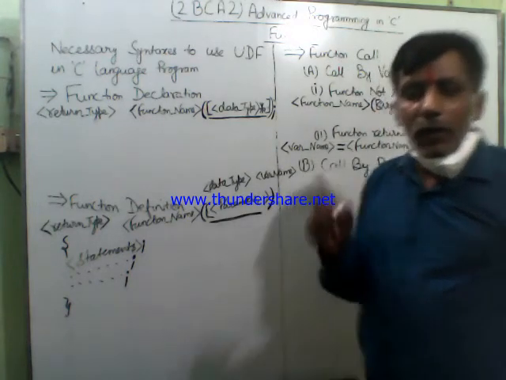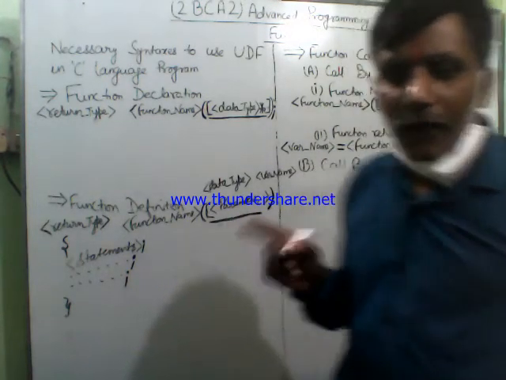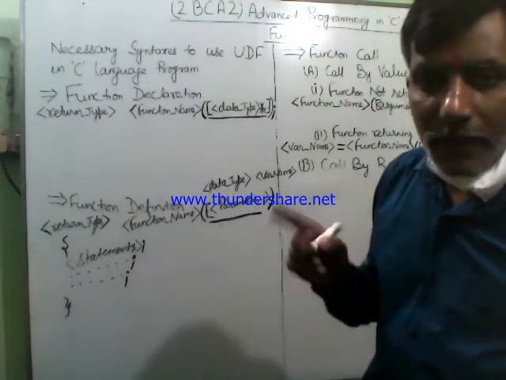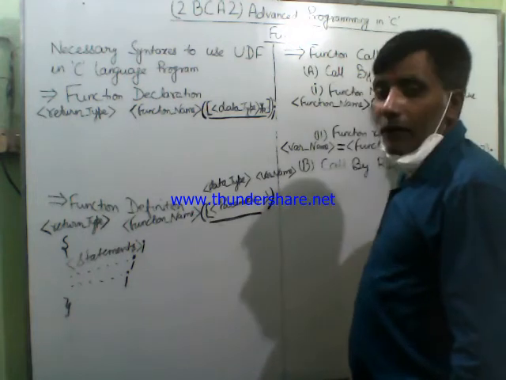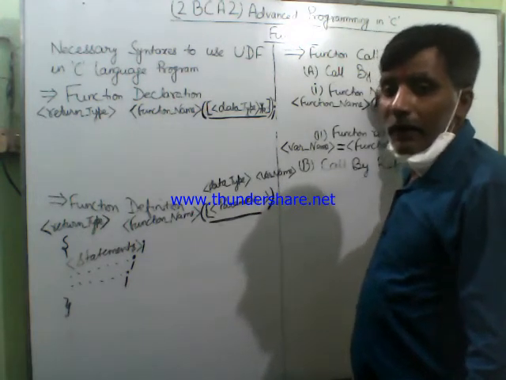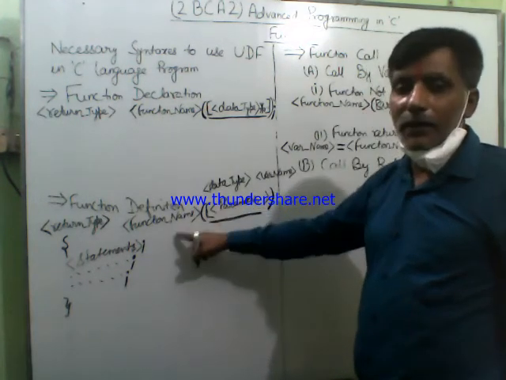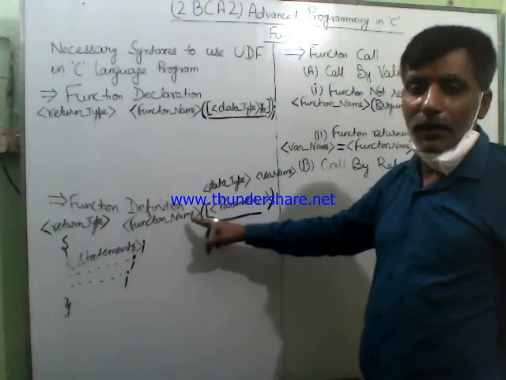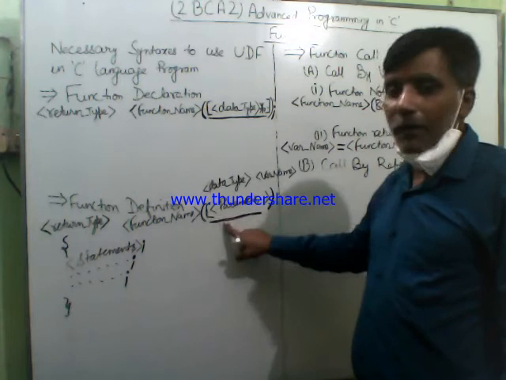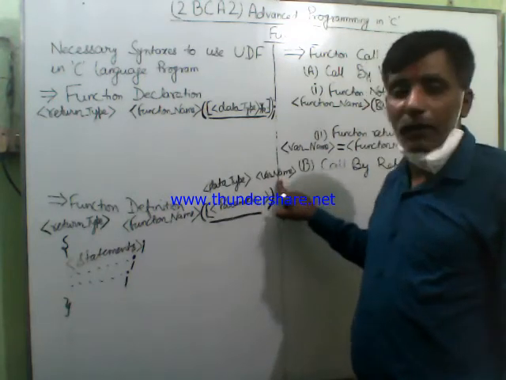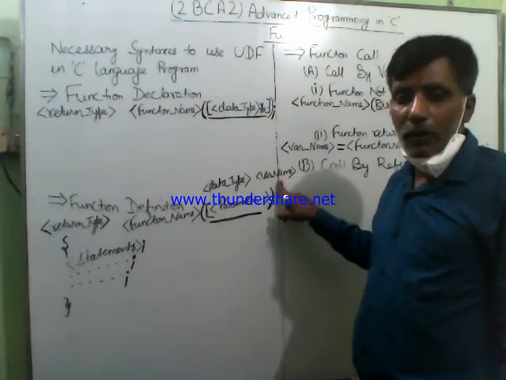When you are going to use such a user defined function in the program that is being called by using the call by value method, then while performing the function definition, you have to declare the parameter by using the syntax that I have put currently on the board.